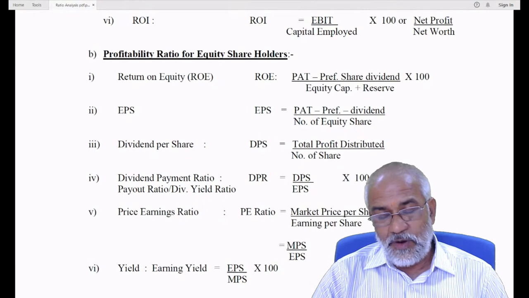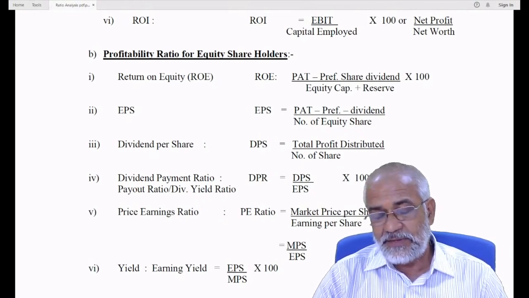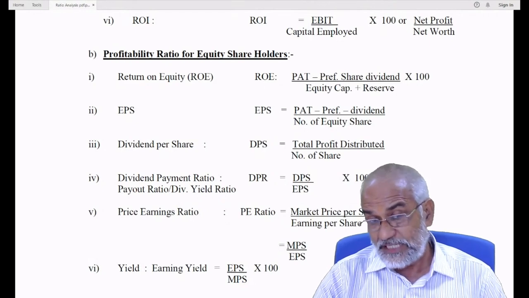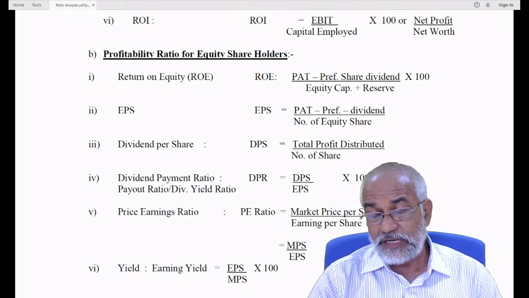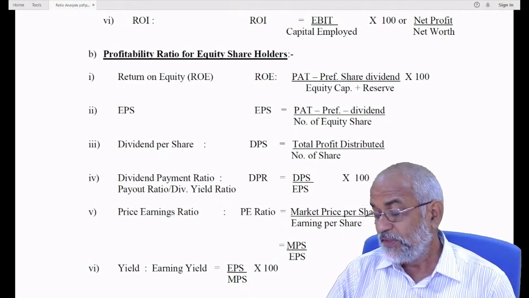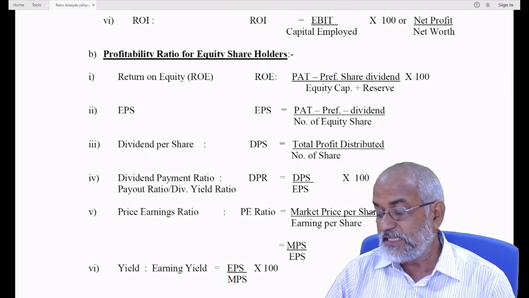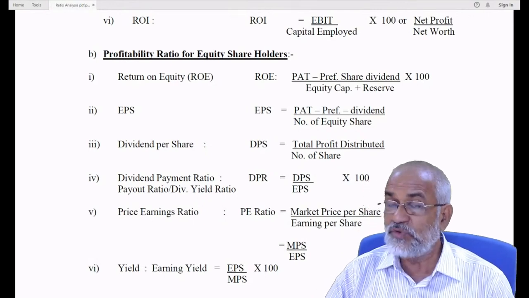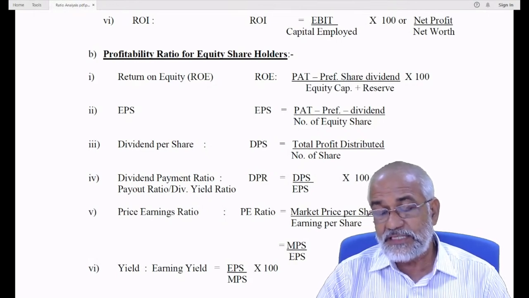The profit margin is computed by dividing the profit after tax by net sales, which speaks about the profitability of the organization. The second component of return on equity is the asset turnover, computed by net sales divided by total assets, which speaks about the efficiency of the usage of the organization's assets.